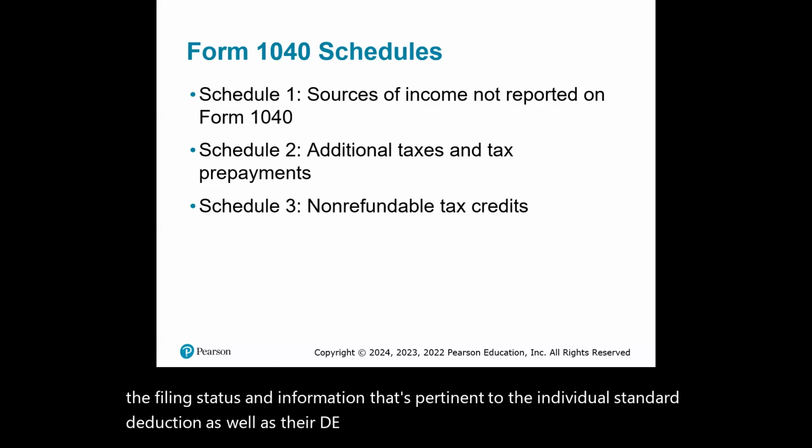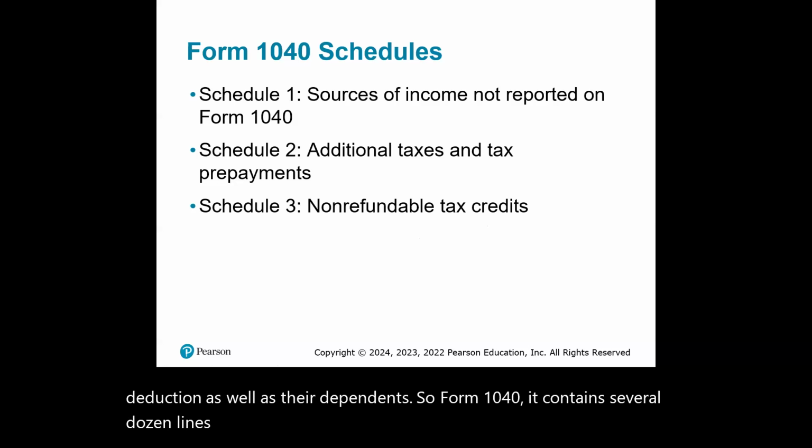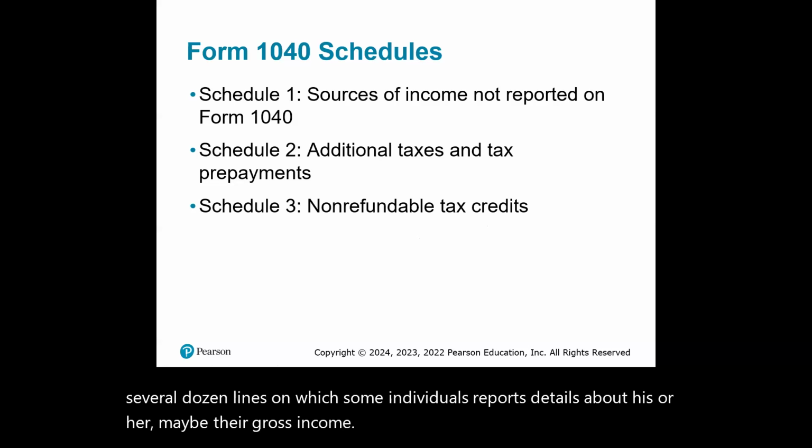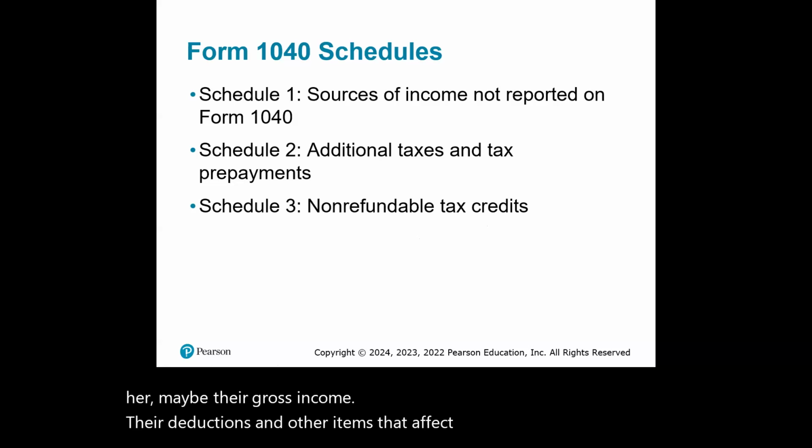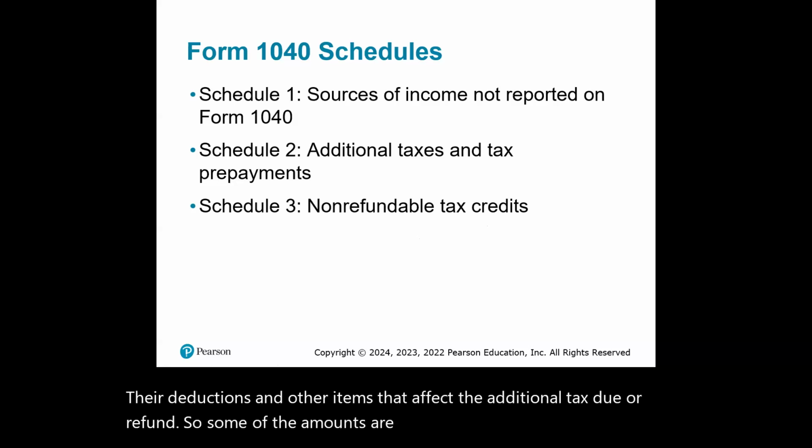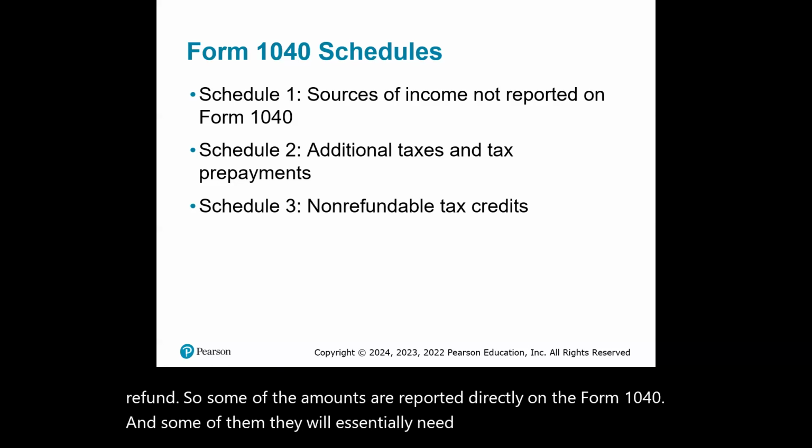Form 1040 contains several dozen lines on which individuals report details about their gross income, their deductions, and other items that affect the additional tax due or refund. Some of the amounts are reported directly on the Form 1040, and some of them essentially need a separate schedule.